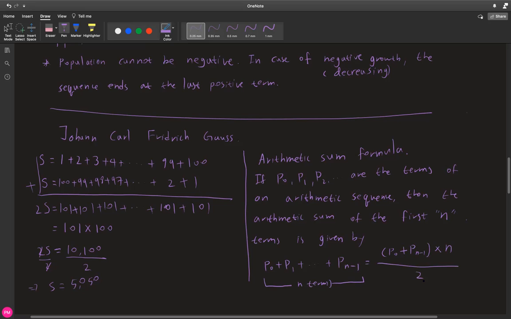And as you can see from this example or the story, you simply added 1 and 100, which is the first term and the last term, and you multiply by the number of terms, which is in this case 100, and you just simply divide it by 2, and there you have it.